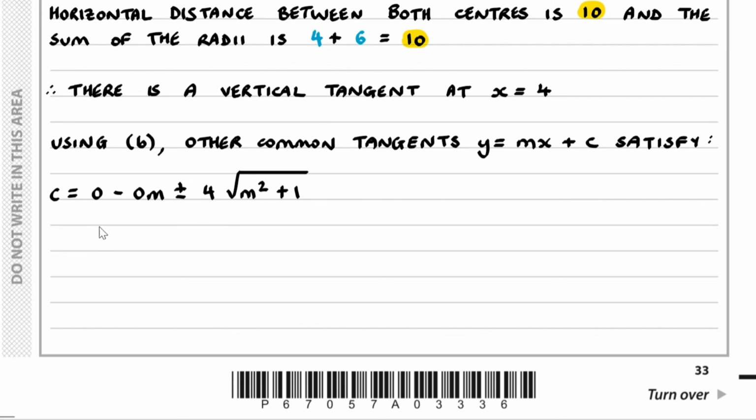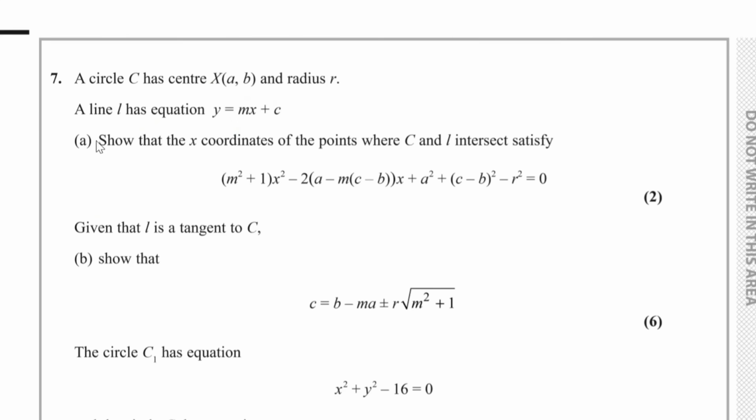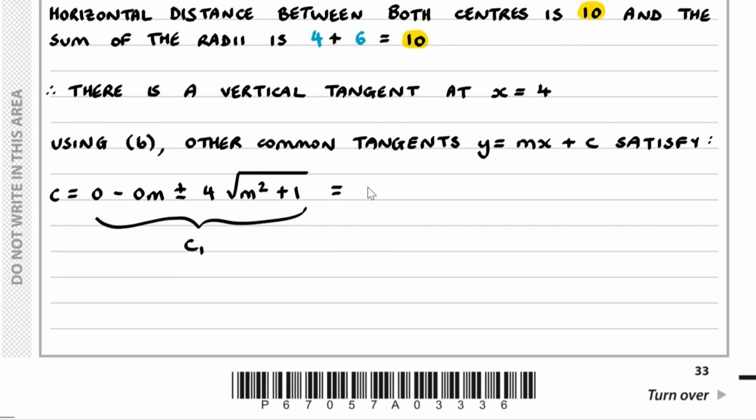So this is for the curve C1, and this is equal to, well, we've got here 10, 5, so A is 10, B is 5, and if we substitute that in with R equaling 6, we would have 5 minus 10m plus minus 6 times the square root of m squared plus 1.